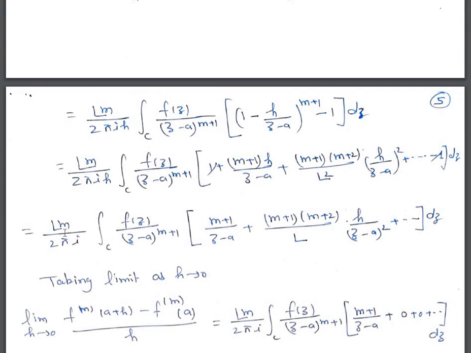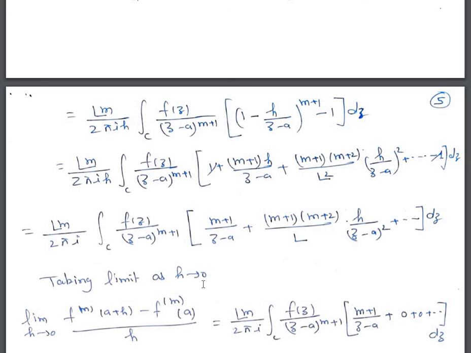So we have factorial m upon 2 pi i integral over C f(z) upon (z minus a) to the power m plus 1 multiplied by 1 upon h. So in the first term h gets cancelled. So we are left with (m plus 1) upon (z minus a) plus (m plus 1)(m plus 2) upon factorial 2 into h upon (z minus a) whole square and so on, dz.